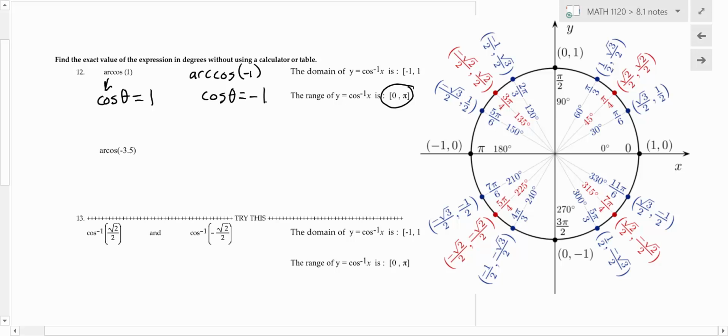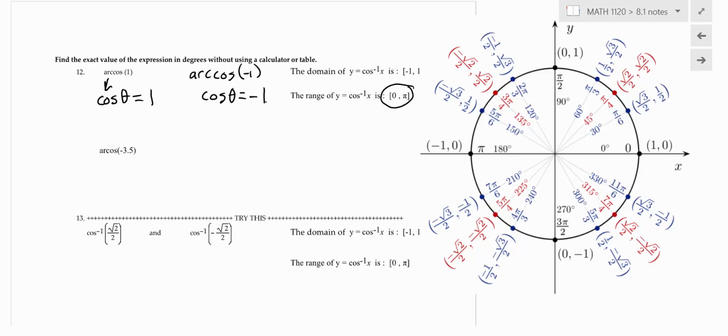So when you do an inverse cosine, your answer needs to be from 0 radians to pi radians. So where do you see on the unit circle where the cosine is equal to 1? At 0, right? Okay. Where do you see on the unit circle where the cosine is negative 1? Pi, right there. Remember the cosine's the x value.